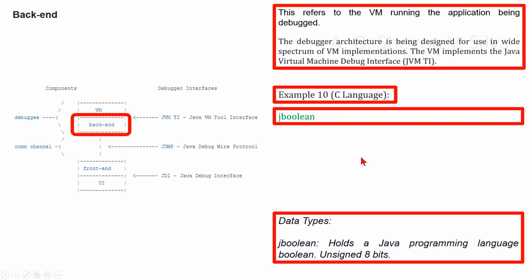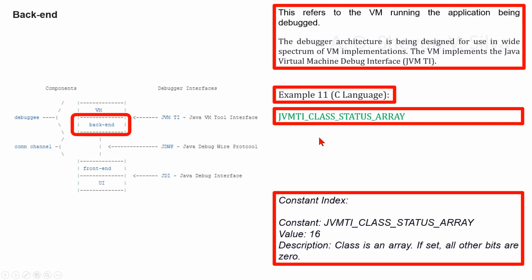Now we are considering data types. Here jboolean holds a Java programming language boolean, unsigned 8-bit. Now we are considering the constant index.